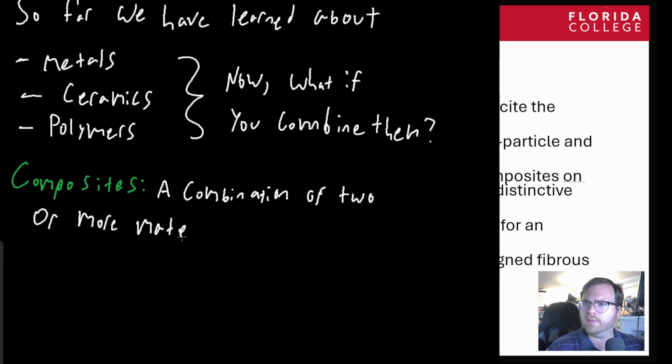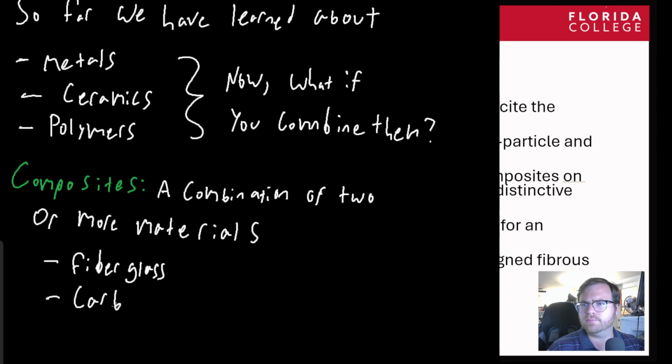And we've heard about a lot of different kinds of composites in our daily lives. You can probably think of a few right now off the top of your head. These will include things like fiberglass, things like carbon fiber. Another one that I can think of is technically duct tape.